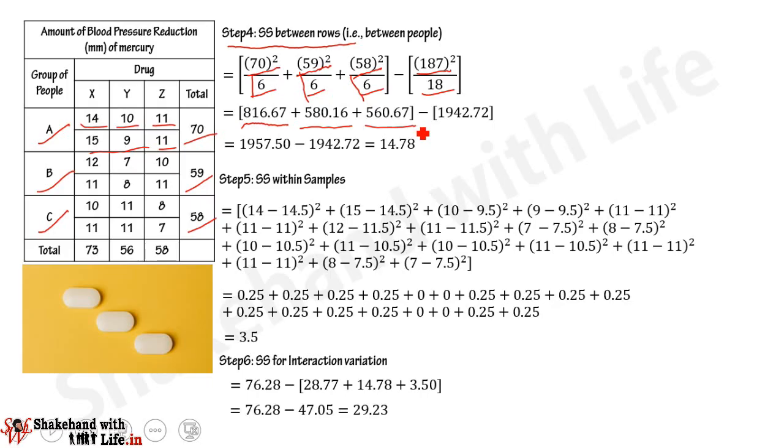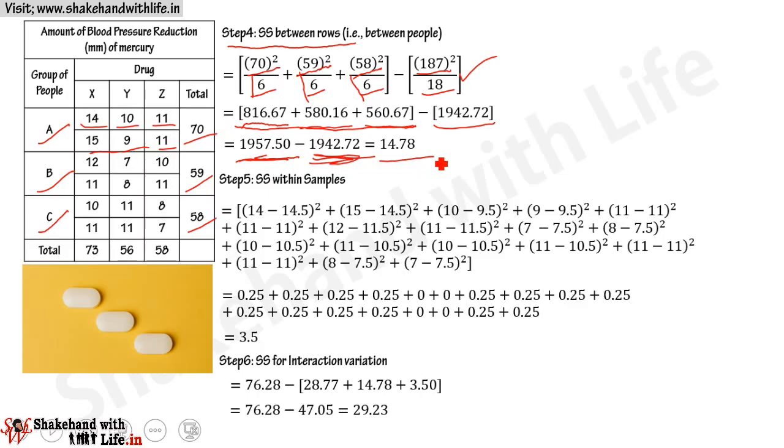And the value of the correction factor, when we solve this, we get 1942.72. Now adding all these three values, we get 1957.50, and the correction factor is 1942.72. When we subtract the correction factor from this value, we get 14.78, right?